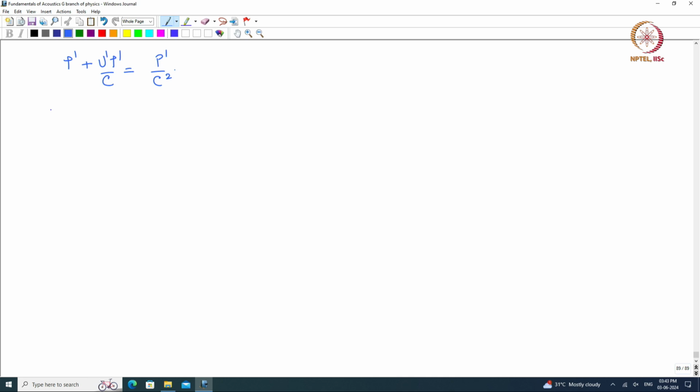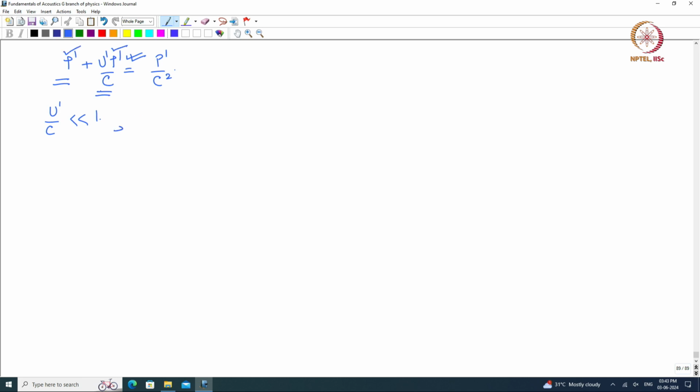We know that u dash by c is much smaller than 1. We don't know anything else. So we have rho dash and we have rho dash multiplied by u dash by c. We know that this term is much smaller than this term.